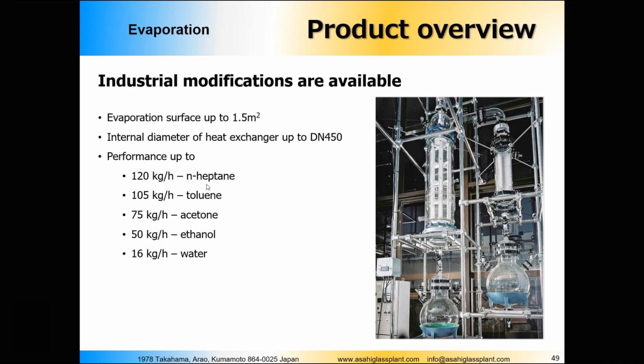So the performance is like this. For n-heptane you will have 120 kilograms per hour. Important to emphasize that it is measured in kilograms, so in liters it would be even higher because the density of n-heptane is lower than 1. So it looks like it goes like this.